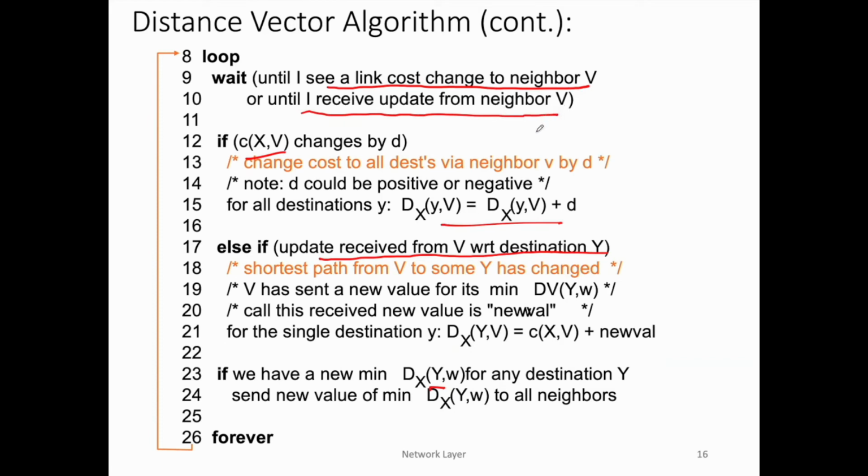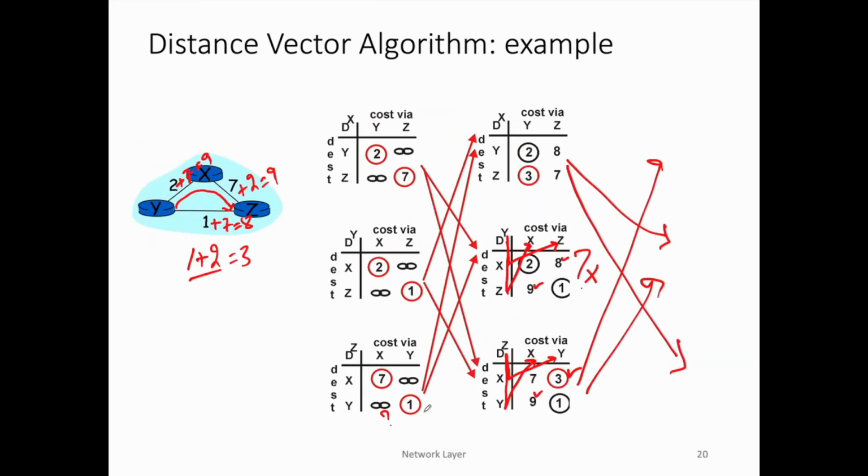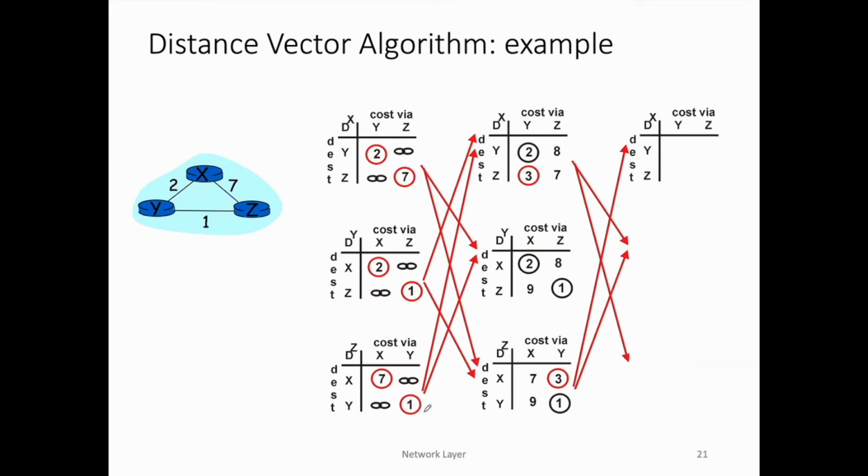So if there is a change, we'll calculate the updated cost in each table using this equation, and if the new cost is minimum, we're going to re-notify all the neighbors.